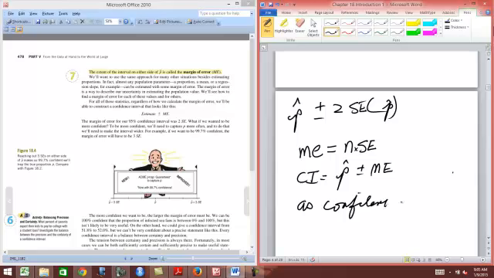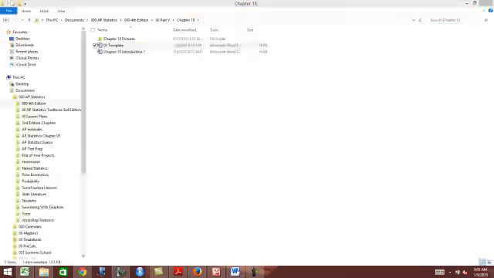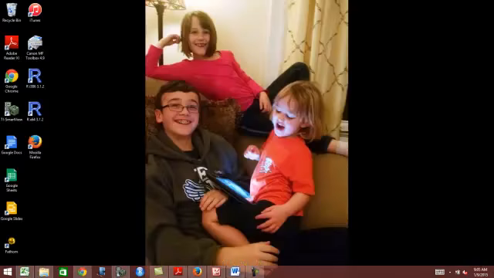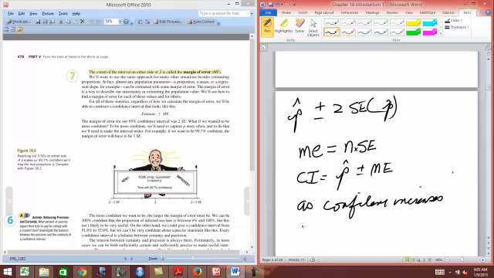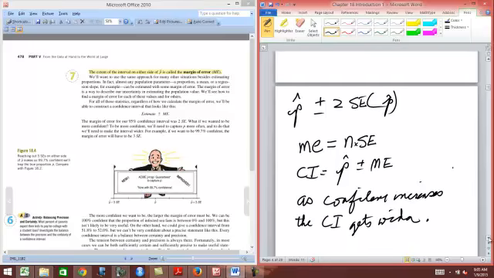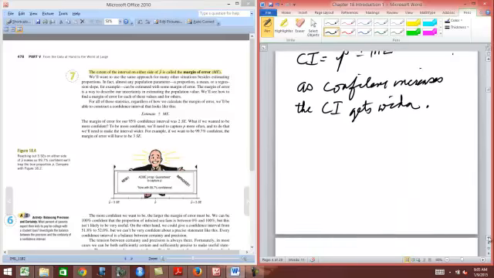As confidence increases, that is, the percentage of the confidence interval, your percentage of confidence increases, the CI gets wider. That is, the arithmetic interval in which you are estimating that P resides is going to get wider and wider.